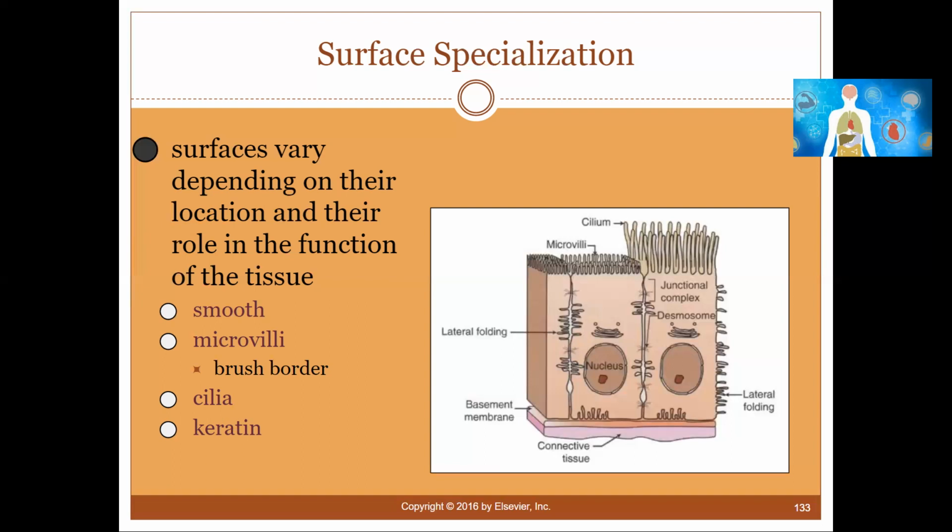The matrix is what we call ground substance, which is going to have some water, some electrolytes and some protein. And then we have extracellular fibers. So we're going to have some collagen fibers, elastin fibers. We're going to have different protein fibers.